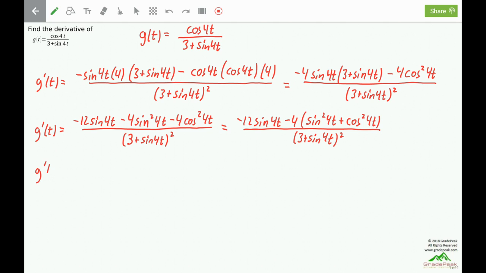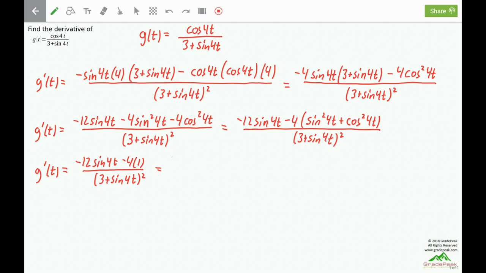So g prime of t can now be written as negative 12 sine of 4t minus 4 times a 1, denominator left alone. And then 4 times 1 is just a negative 4.